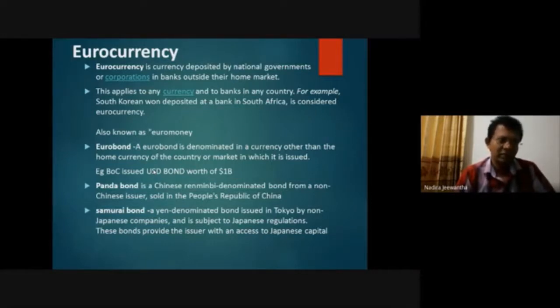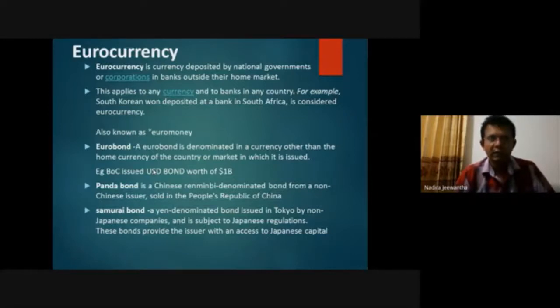So how is it relevant to us? As a country, yes, it's relevant to us as well. We have an international sovereign bond to be settled on the 27th of July, 1 billion.